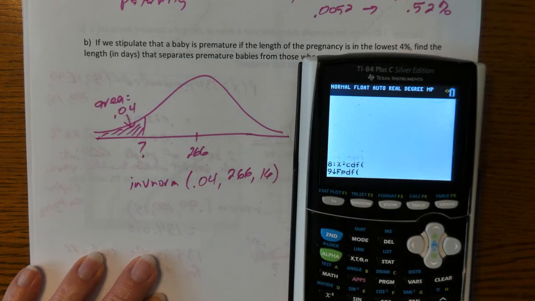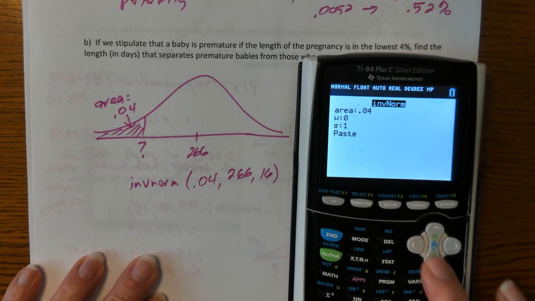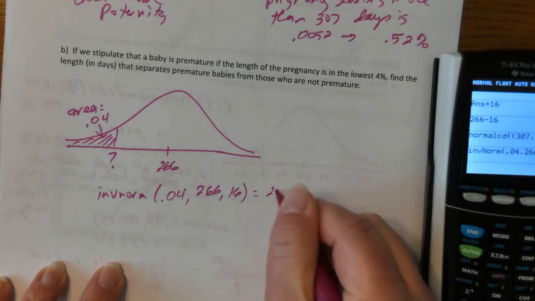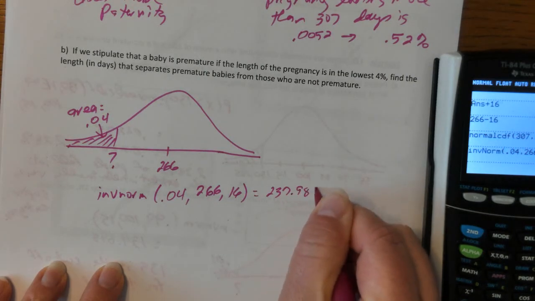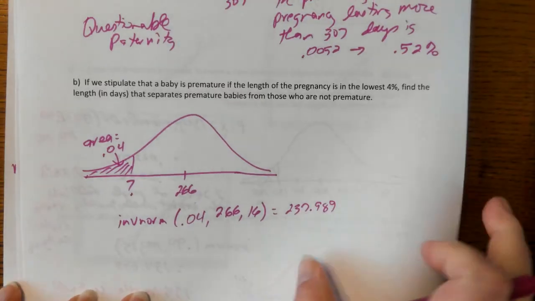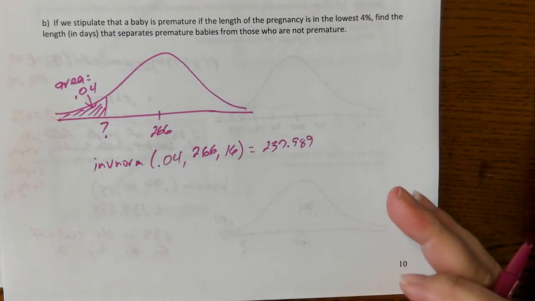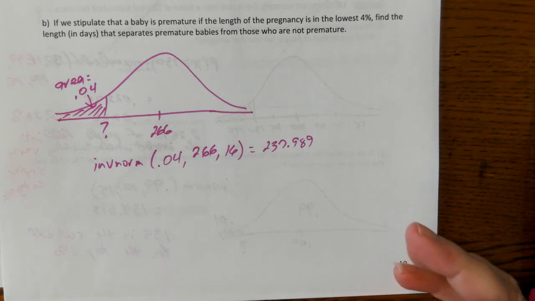Picking inverse norm, the area to the left is 0.04, mean 266, standard deviation 16, gives 237.989 days. I think in this case it makes sense to round to the nearest whole number. It's getting a little too specific to start breaking it down to partial days.